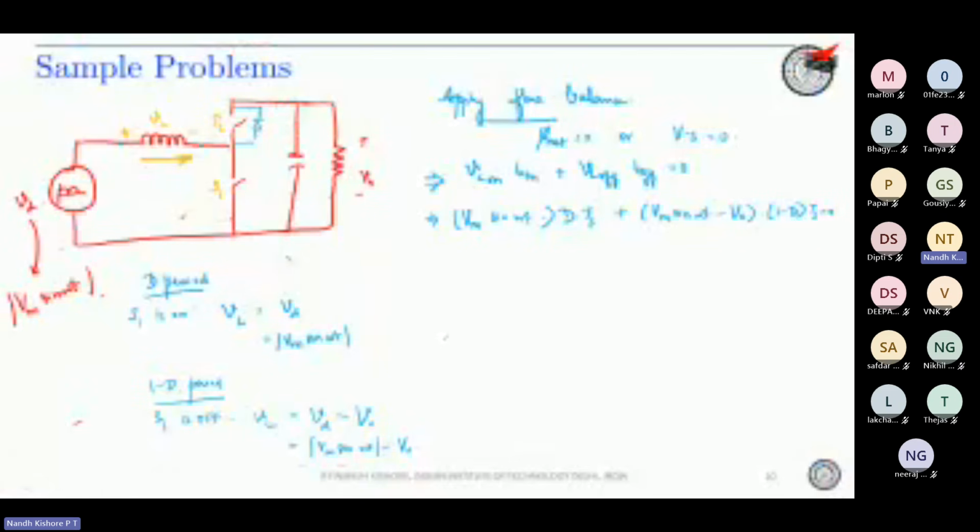If you solve this, what would you get? You can do the long way or recognize that this is a DC-DC boost converter. What you eventually end up with is that your D is going to be 1 minus Vin by V naught, or 1 minus mod Vm sin omega t by V naught. This is your duty, correct? If you solve this, you will end up with this only.